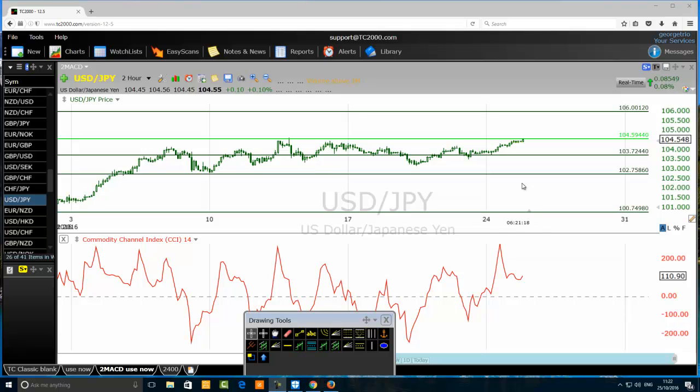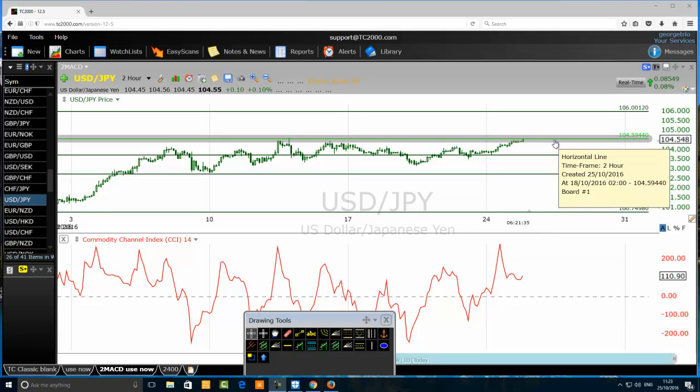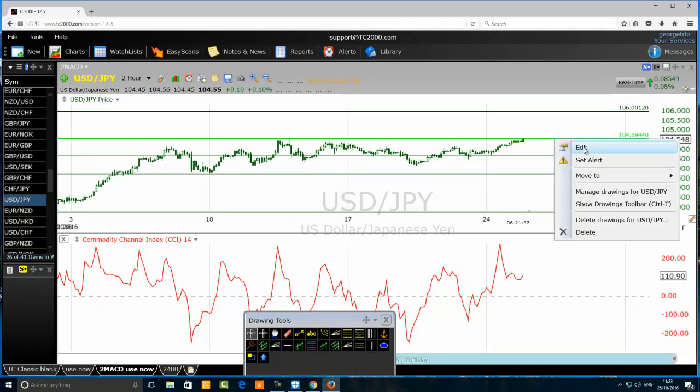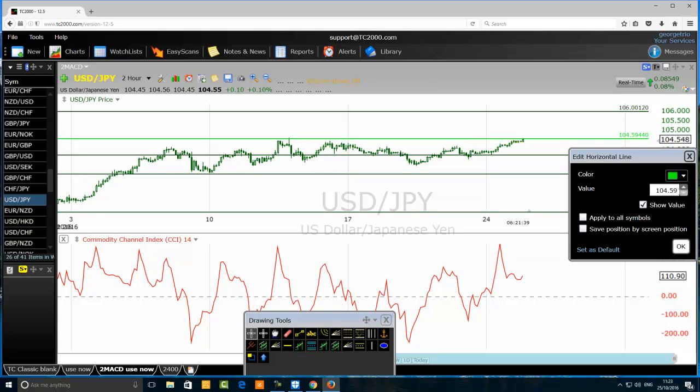Today we want to discuss live day trading using the Fibonacci butterfly pattern. I want to buy the dollar yen at 104.59. This is a limit order, so I am not buying straight away.